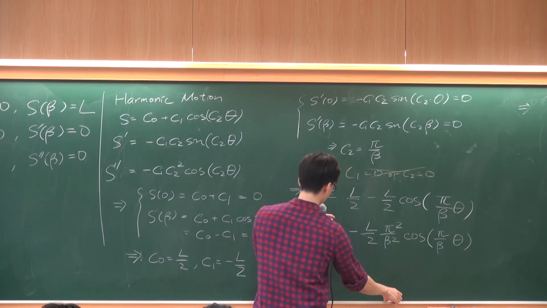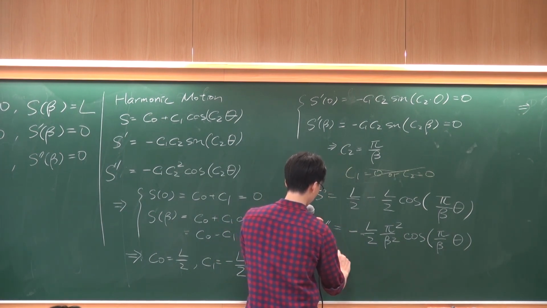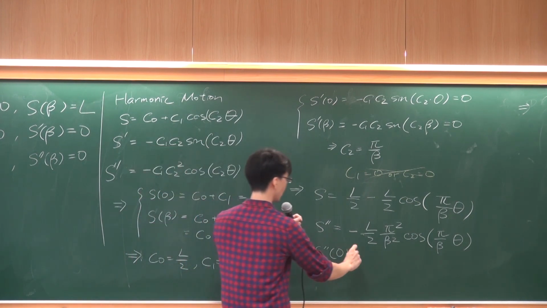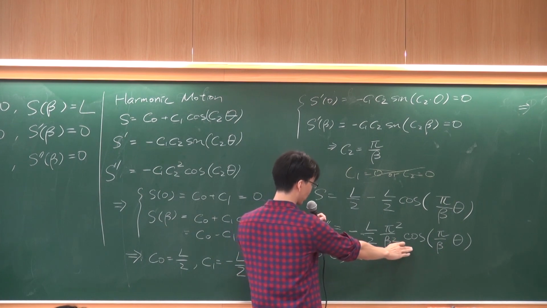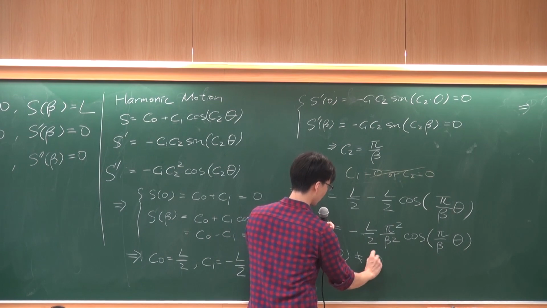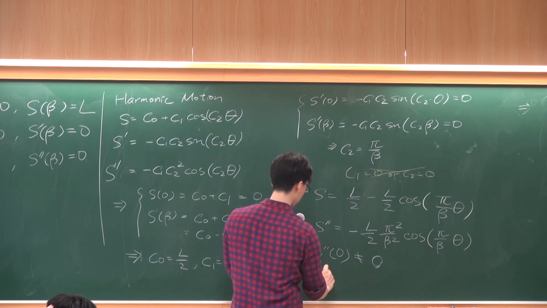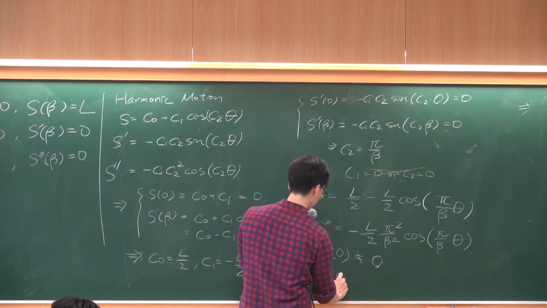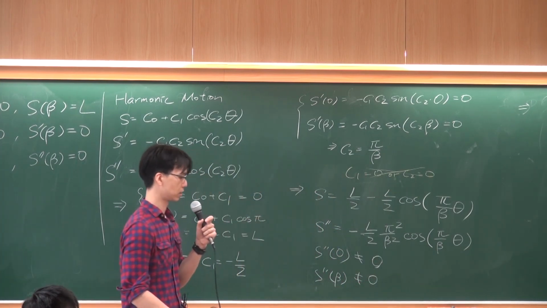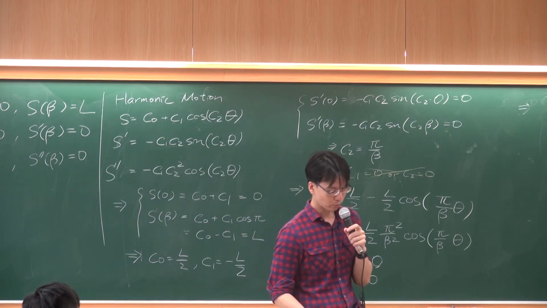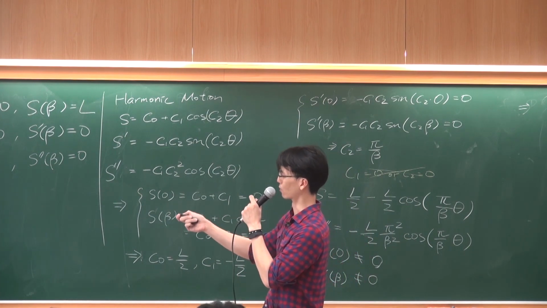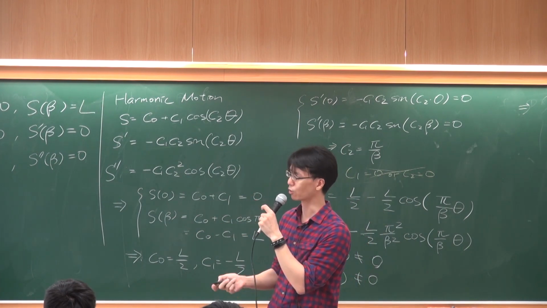And so what's the value for S double prime of 0? It's not going to be 0 because it's cosine 0. Cosine 0 is 1, so this one is not 0. Beta, still not 0. So it means with this one harmonic motion, we still cannot satisfy these two conditions.